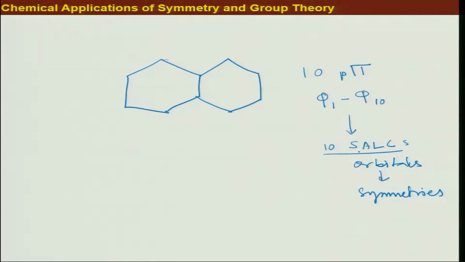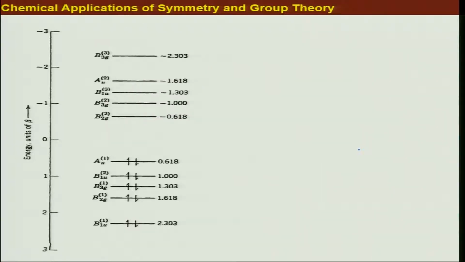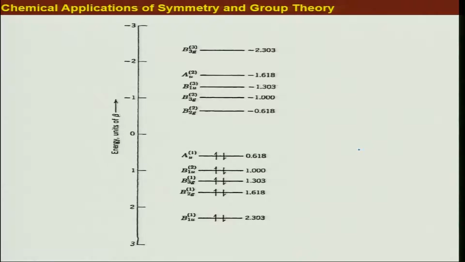So ultimately we got this particular energy diagram. So we can see that there are different orbitals having different amounts of energy, and we also used Pauli's exclusion principle and Hund's rule to arrange the electrons into the particular orbitals, right?